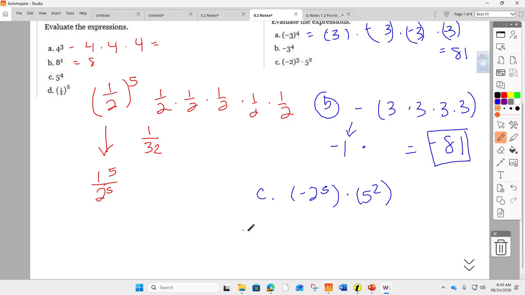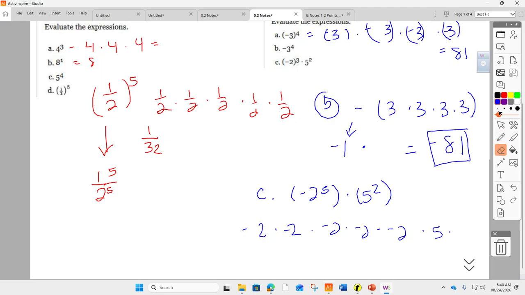So that's the same thing as -2 as a factor 5 times, and 5 as a factor 2 times. I know that this is going to be a negative something. 2 times 2 times 2, what is it going to be? Oh, it's just 8. Okay. That makes my math easier.